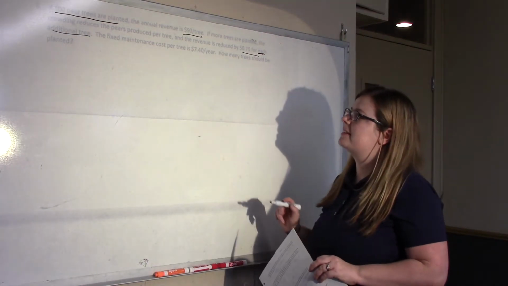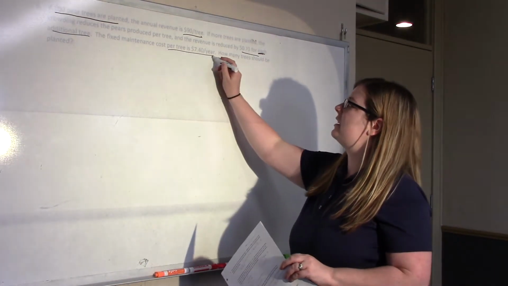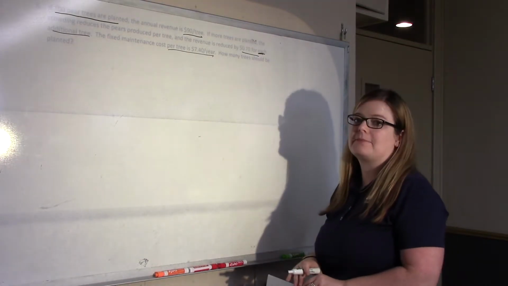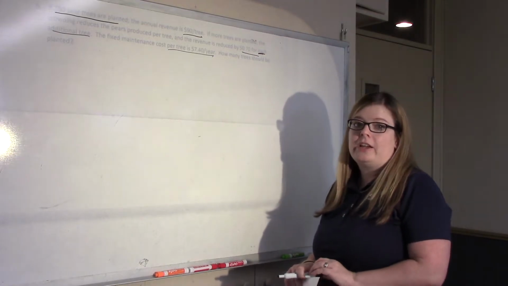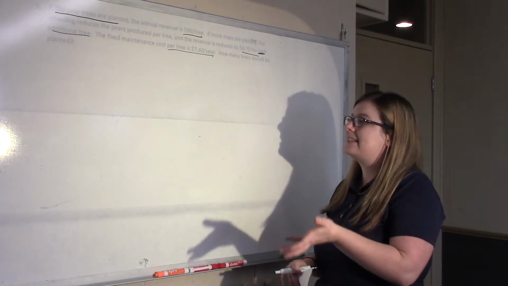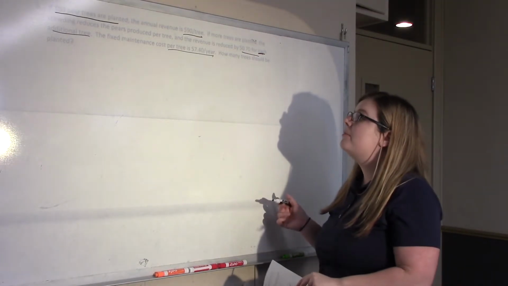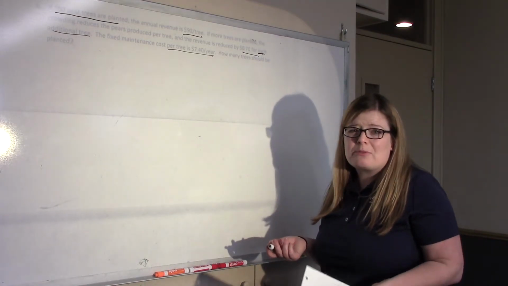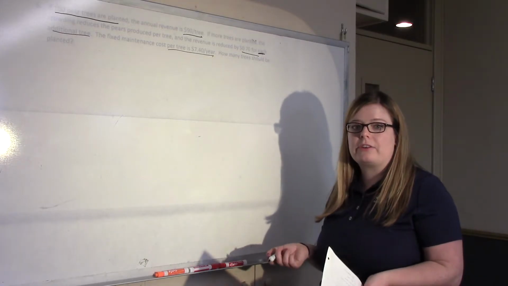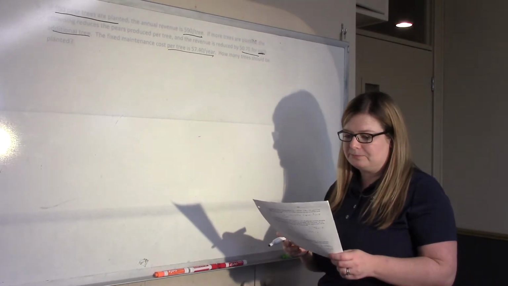There's a fixed maintenance cost per tree of $7.40 per year. So you're going to have to pay $7.40 per tree, no matter how many trees you plant. That's the amount you're going to have to pay. So how many trees should be planted? Okay, obviously you want to make the most money possible. So this is a revenue profit question.